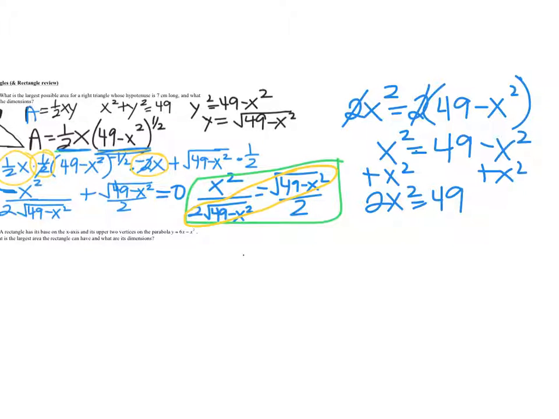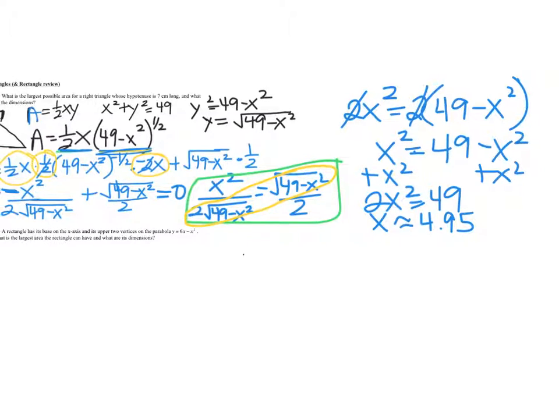We're going to divide by 2 and then take the square root of our answer, and we get, let's see, the square root of 24.5 is 4.95. So x is about 4.95, and then we need to figure out what they're asking for.